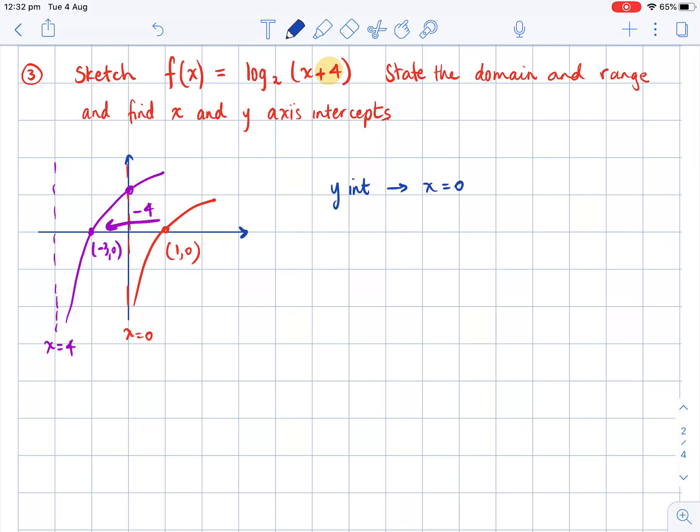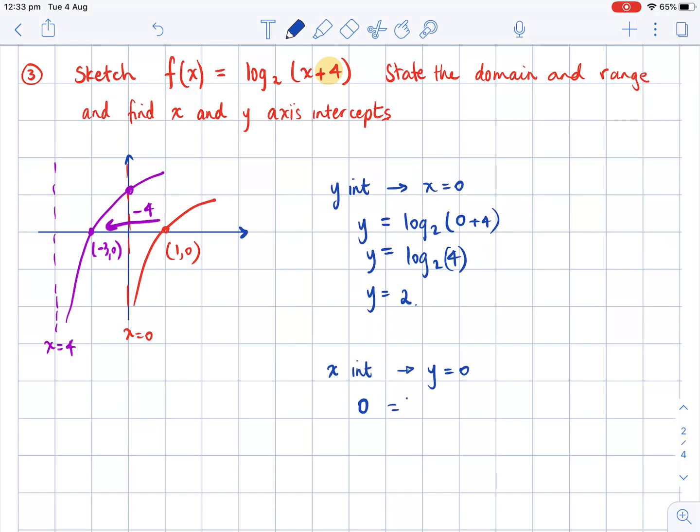So I'm going to get my y value when I substitute in x equals 0, which gives me log 2 of 4. And remember our language of logs, this is saying 2 to the power of what equals 4, and the answer to that is 2. My x-intercept is when y equals 0.